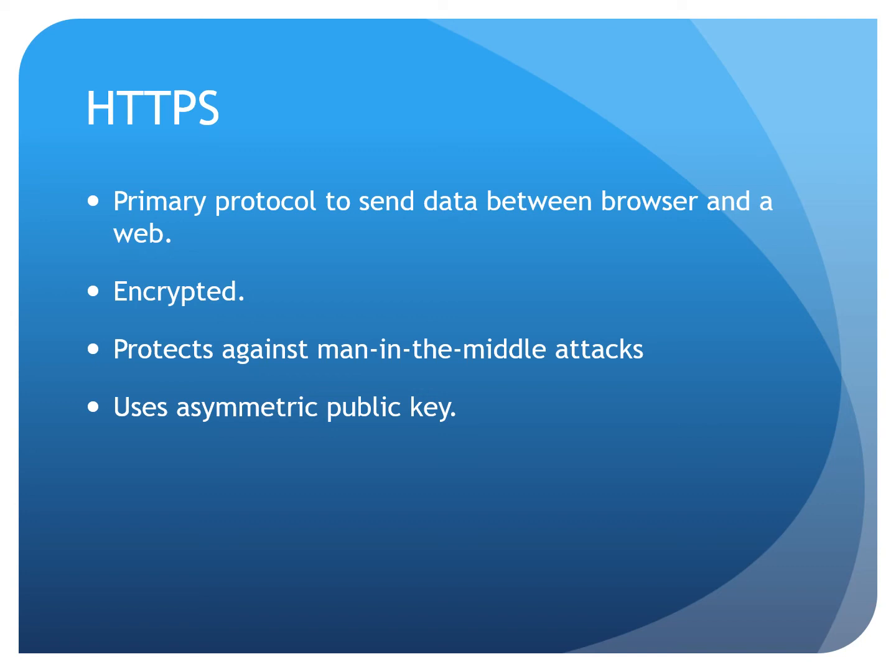This is really important when prompting sensitive data in websites such as online banks or your email, or websites where you're going to buy something and have to use or enter your credit card. This also protects against man-in-the-middle attacks. And this protocol uses an asymmetric public key, so it uses two different keys to encrypt communication, a private key and a public key.